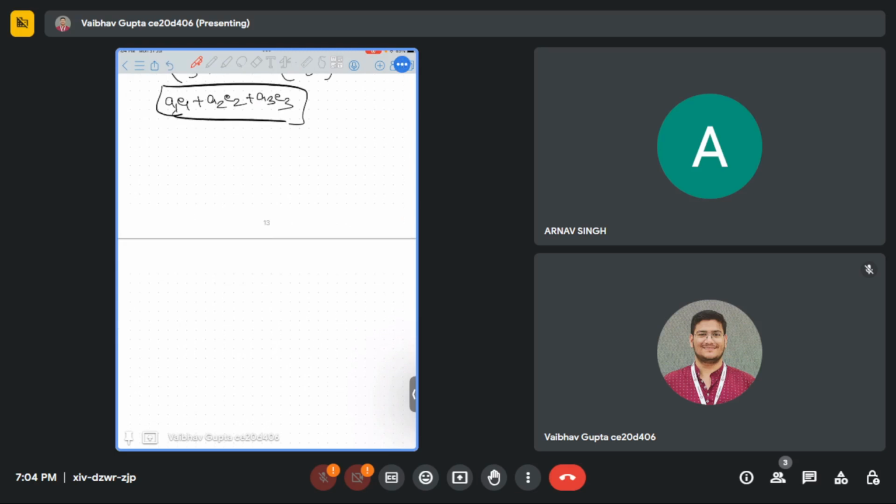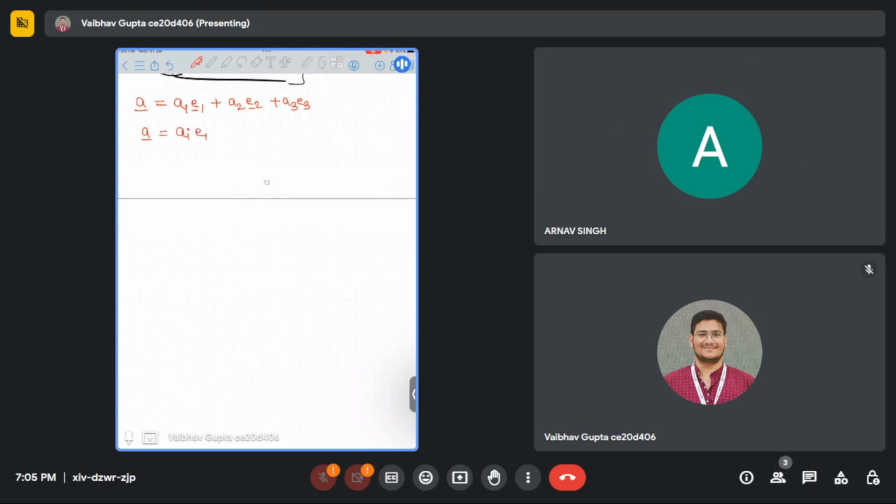Suppose I say a vector is equal to a1 e1 plus a2 e2 plus a3 e3. This dash is very important. This dash shows the direction vector. So please remember to put the dash on these things. It's not like I am marking on my own. Everything has some meaning. So how will we write this in short? a_i e_i.